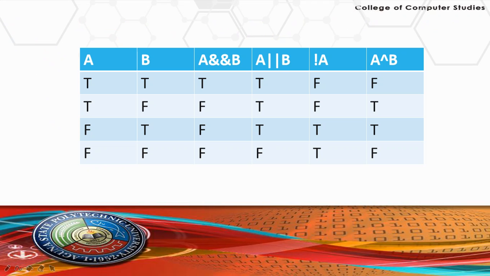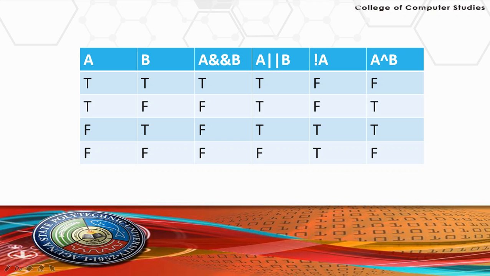This is for the case of the AND operator. For the OR operator, if there is at least one true, then the entire statement is considered true. So both are true, then it will give you true. At least one true, that's why A or B is true. And this one, both are false. That's why it resulted in false.